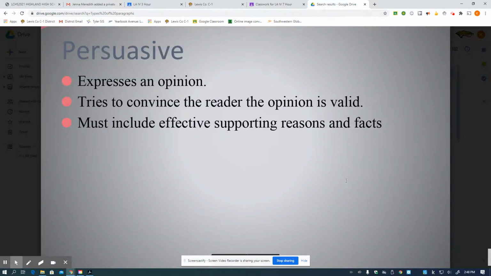And then finally, we have the persuasive paragraph, persuasive paper, persuasive writing technique, whatever you want to refer to it as. So this is when we express an opinion about something. And we are attempting to convince the reader that not only is our opinion valid, but we really want them to join forces with us.